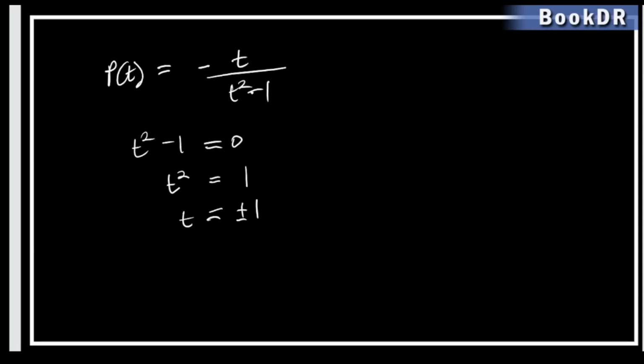So the function p of t is continuous on all real numbers except plus or minus 1. So for p of t, or otherwise the domain of p of t, is t such that t is an element of R except plus or minus 1.